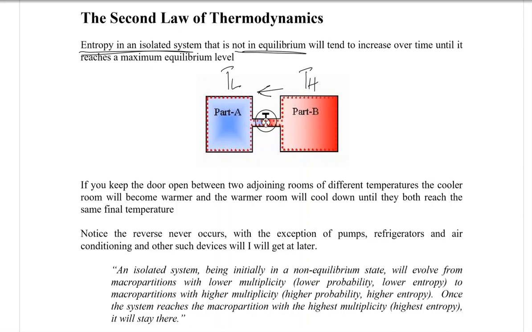Heat or molecules start flowing from this direction to this direction, changing from non-equilibrium towards equilibrium, from an ordered form towards a more random, disordered form, from low entropy towards high entropy.